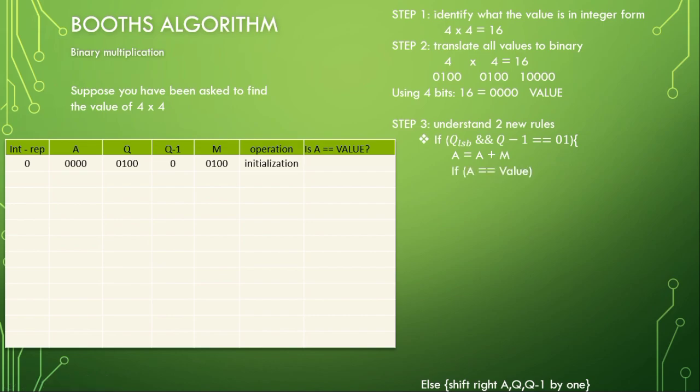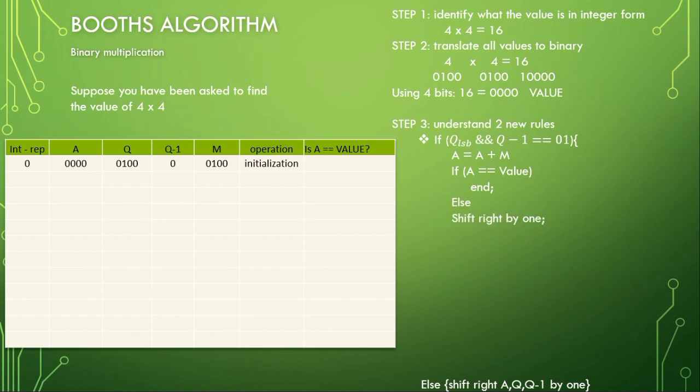After we perform the addition, if our value of A is equal to 16, our new value, then we end the operation. Otherwise, we shift right by 1.